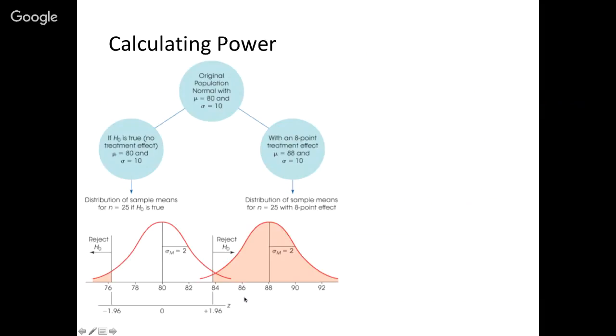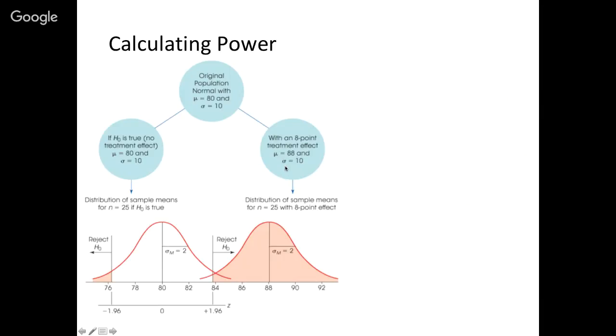This is a two-tailed test. The null hypothesis says the original population is a normal population with a mean of 80 and a standard deviation of 10. After treatment, we add 8 points as the treatment effect, so the population mean is 88, and the standard deviation is not changed.